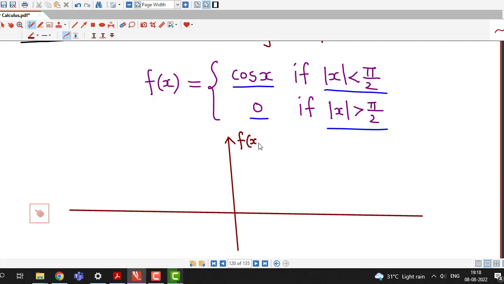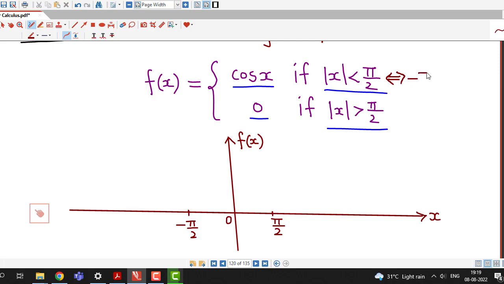Values of f(x) will be considered on y-axis. Here we consider values of x. Suppose here we have origin, and suppose this much distance is pi by 2, so that this point is pi by 2, this point is minus pi by 2, and the graph of function is cos x if mod x is less than pi by 2.